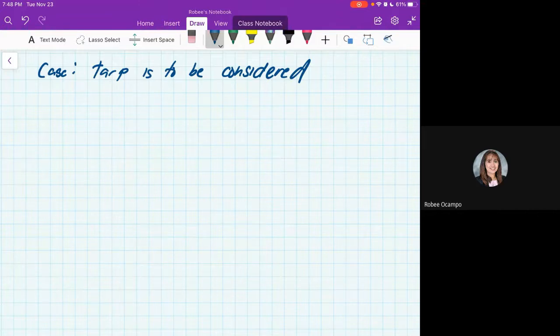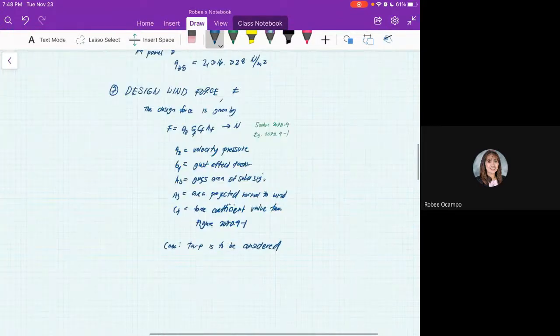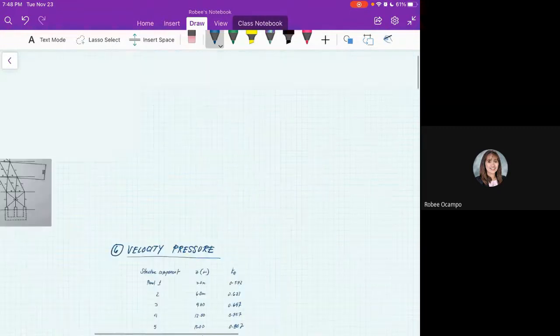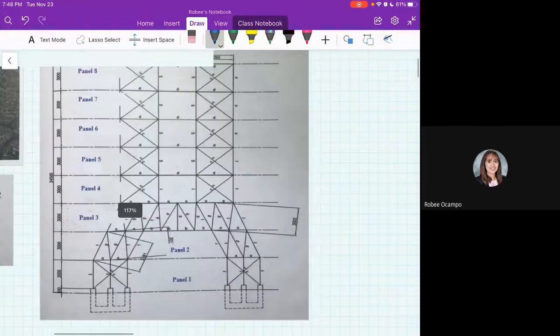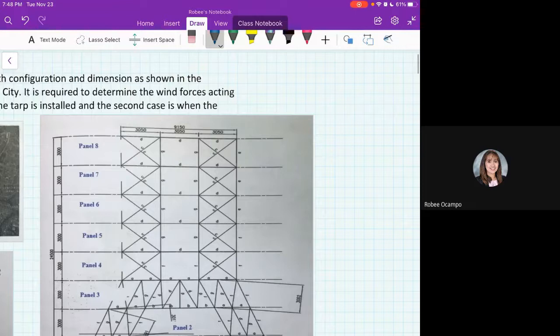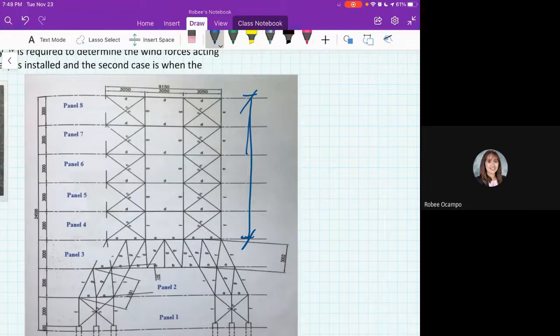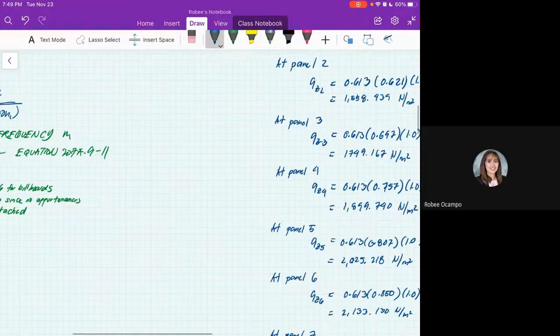The tarp is attached from panel 4 up to panel 8. So our billboard is from panel 4 up to the last panel, panel 8.